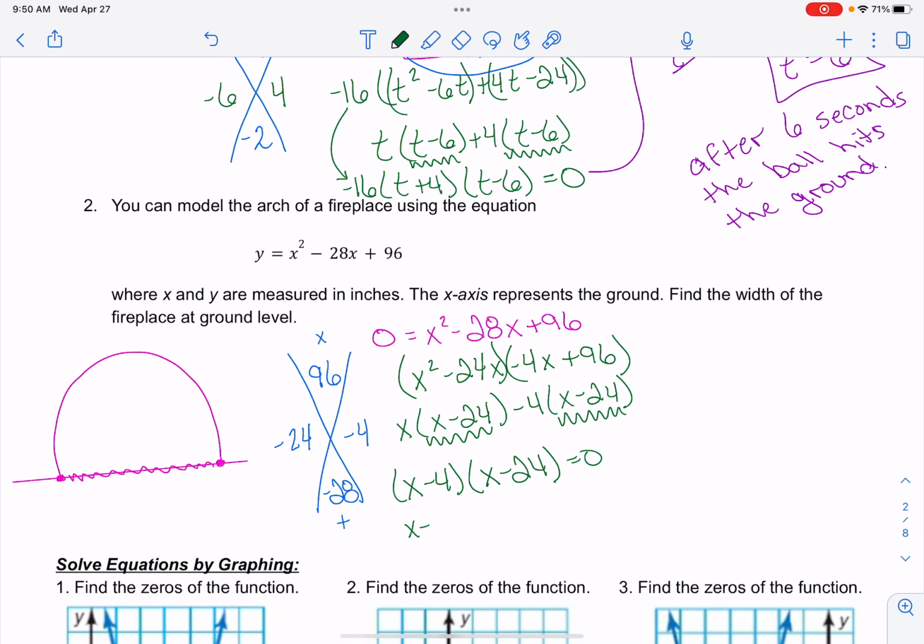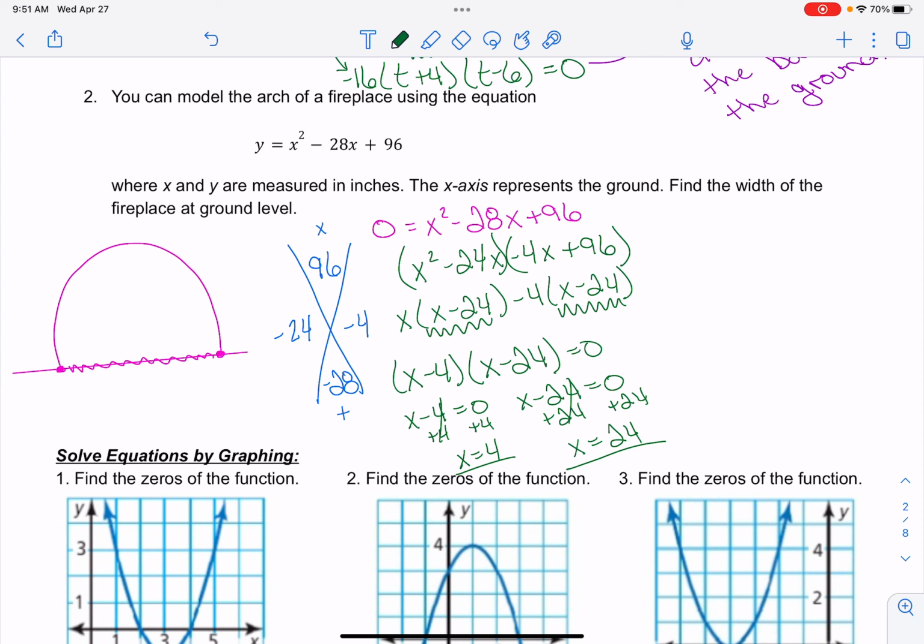This equals 0, so we set each of these equal to 0. x minus 4 equals 0. We add 4 to both sides. x equals 4. And x minus 24 equals 0. We add 24 to both sides. And we get x equals 24. So what that means is these 2 points on our x-axis are at 4 and 24.